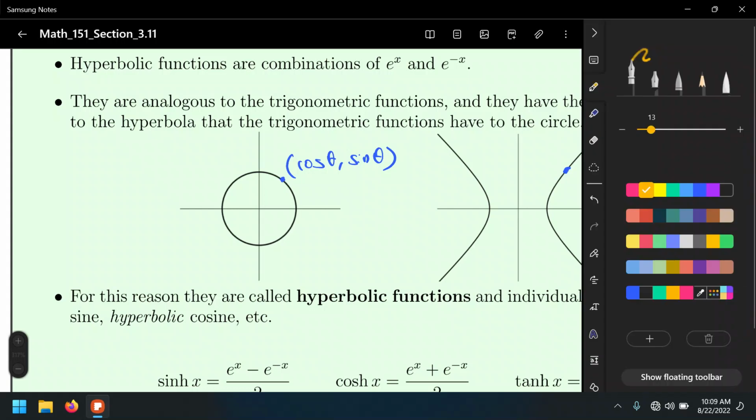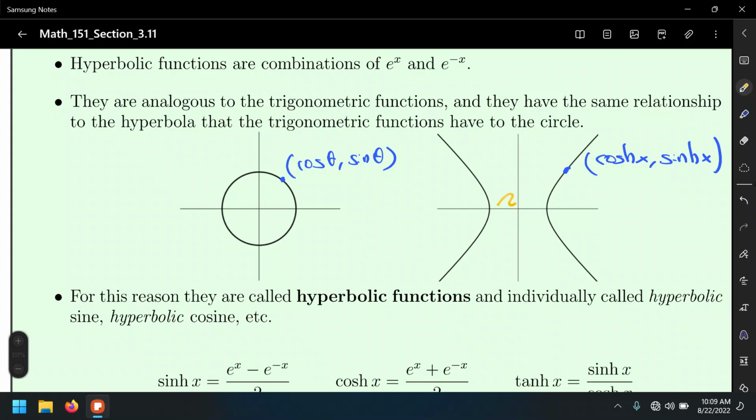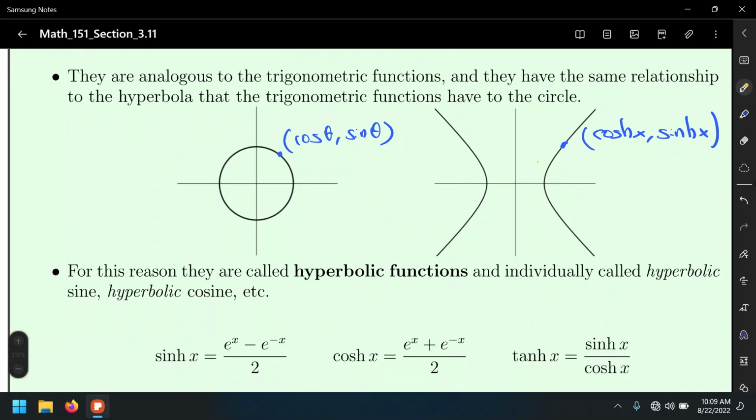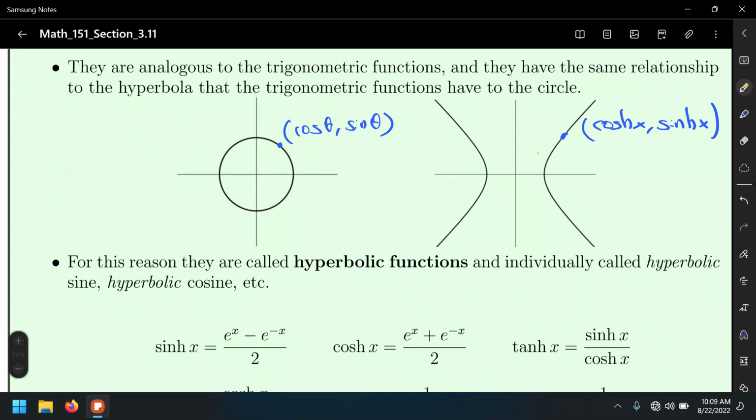When you use the little box to draw the hyperbola, it's 1 unit away from the center of the hyperbola, in the same way that all the points around the unit circle are 1 unit away from the origin. In this case, the points are not along a circle, but along a hyperbola.